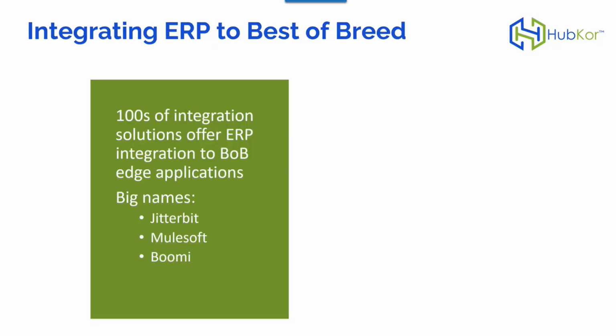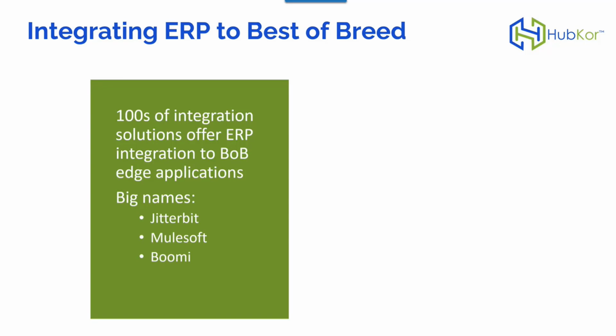Basically, the topic today is about integration. We now understand what ERP is, and you guys are all SyteLine users, so no education there. We now understand why the best of breed solutions exist and why they probably will always exist. And now the topic becomes one of integrating. How do I integrate my ERP system with these best of breed solutions to give me market advantage?